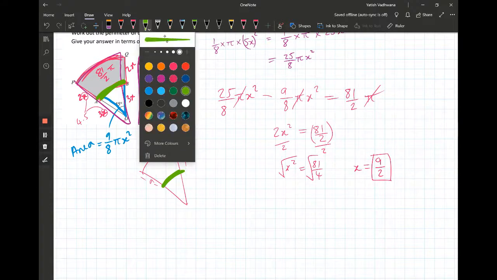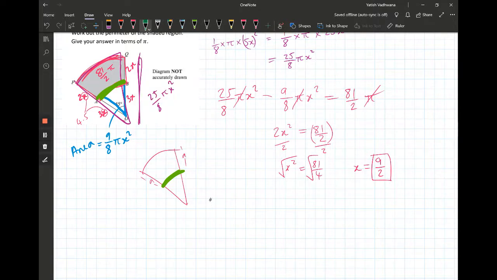So now we're looking for arc length, not area. So we can say theta over 360 times 2 pi r. So 2 times pi times the radius, which in this case is 3x, and x is 9 over 2, so 4.5, times 3 is 27 over 2. I'll put that in a calculator in a second.